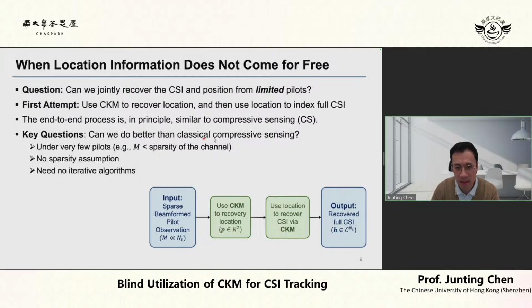This condition is the requirement of compressed sensing: the number of observations needs to be at least larger than the sparsity of the channel. So with CKM, we may investigate whether we can break this constraint. And then can we do the recovery without the sparsity assumption? And can we do the recovery algorithm without iterations?